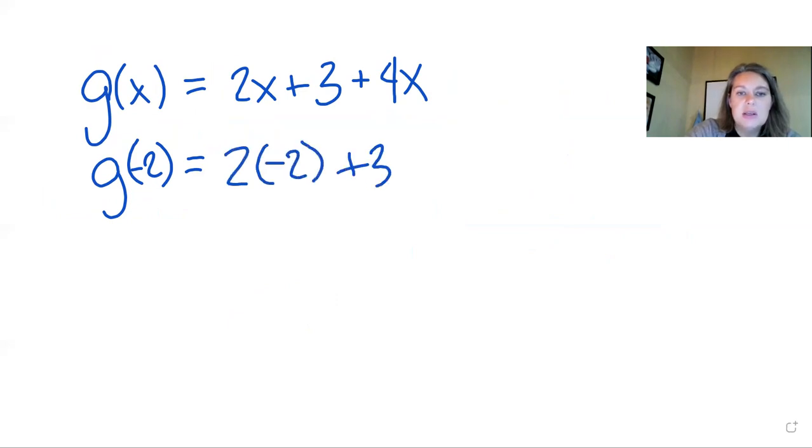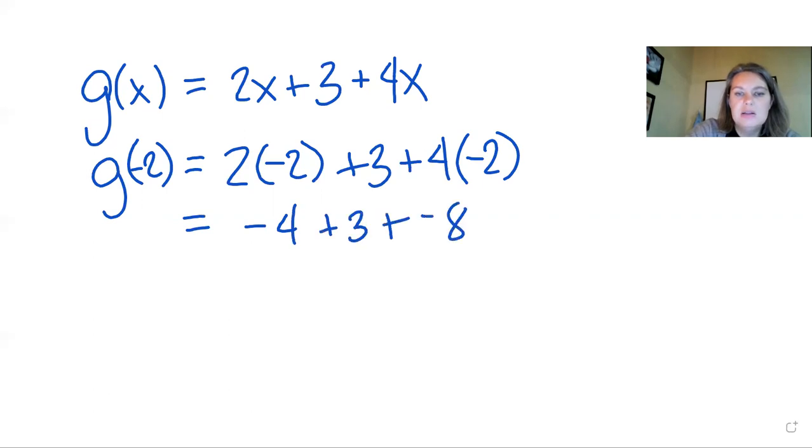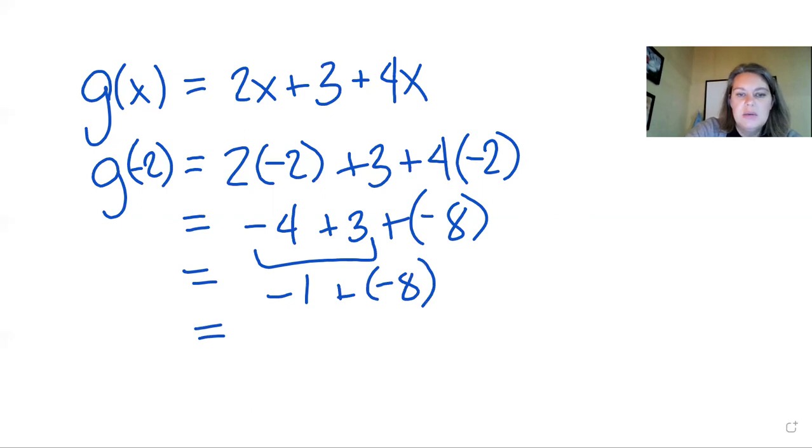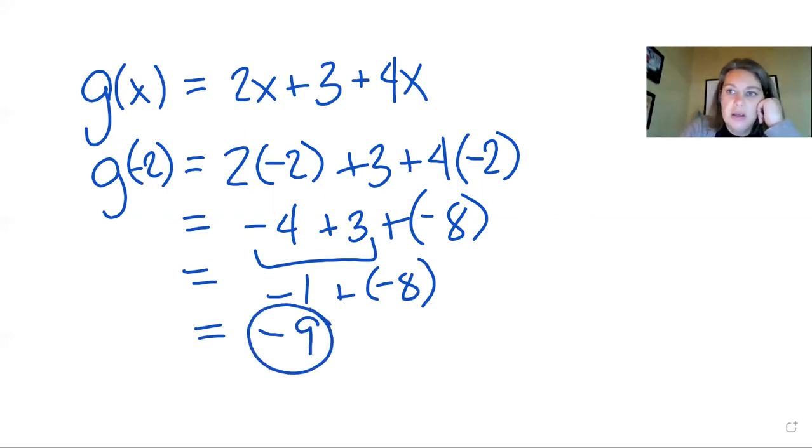Then I have +3, and then I have +4 and another x, so I put in another -2. I put it everywhere I see an x. Then I get -4 + 3 plus -8. I do that, and here I got some 0 pairs, so I got -1, and it's -8, and I put those together and I get -9. So no matter how many x's you have, you plug it in for all of them.